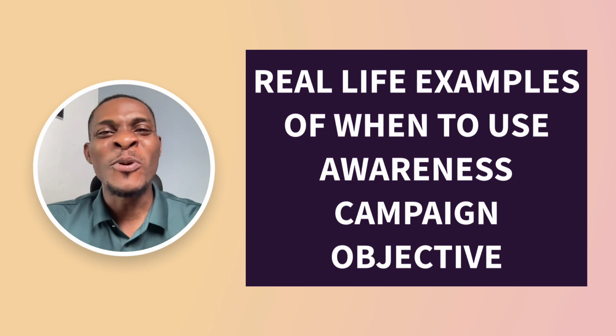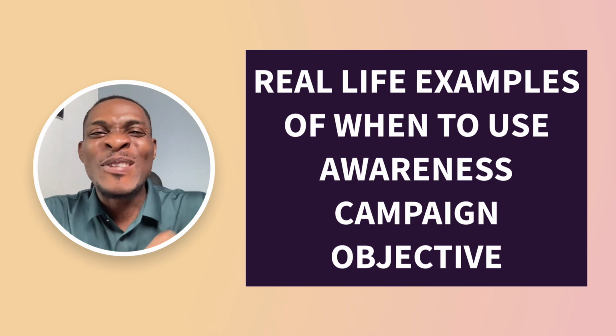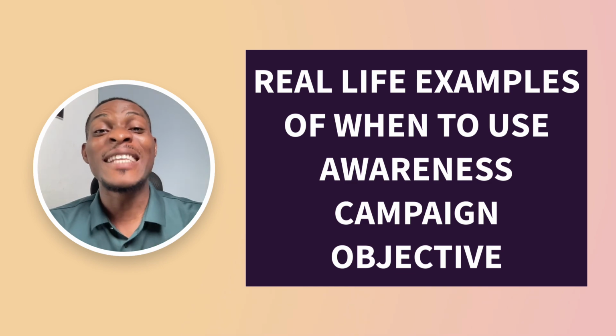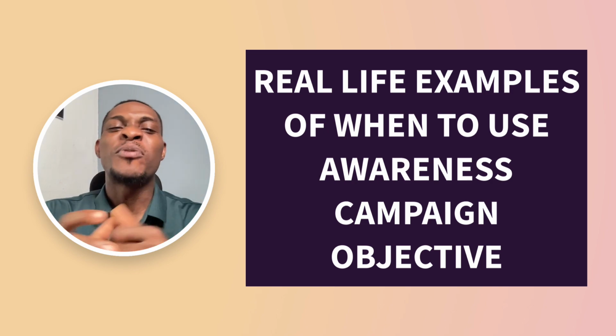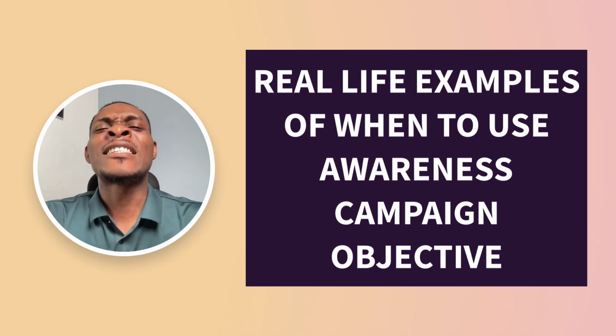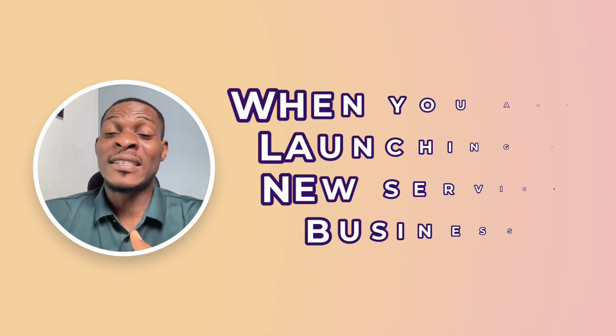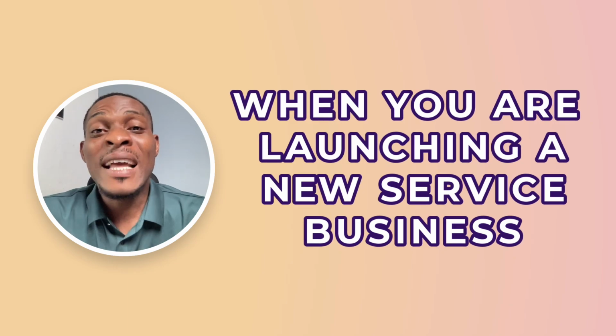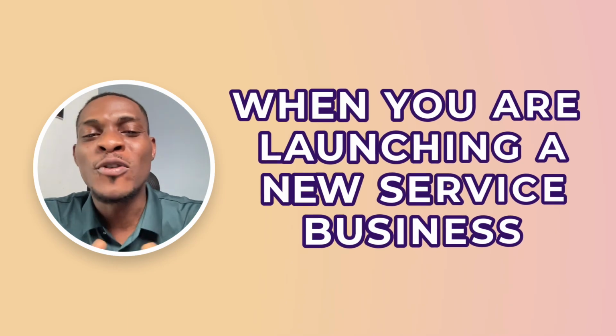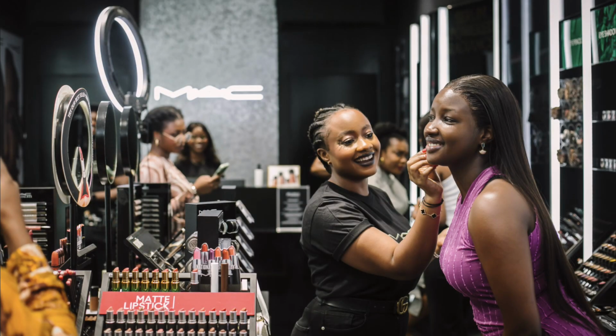At this point, we will be taking live case studies of when you can use the awareness campaign objective to get results. Let's take scenario number 1. For example, you're a new business and you want people to know about your business. Imagine you just opened a new makeup studio and now you want to run ads.